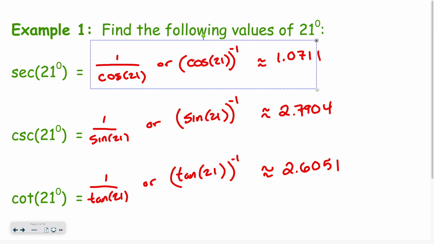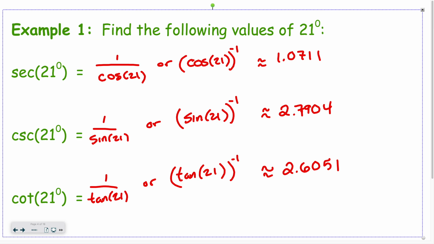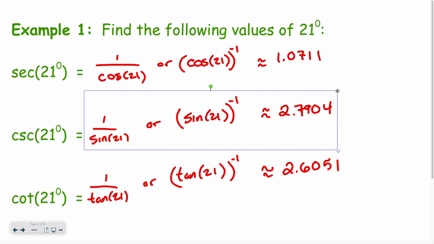Both of these are identical, and they should both produce 1.0711. That holds true for the cosecant and cotangent of 21. Just take the reciprocal of the sine of 21 degrees, or express it as sine 21 and then hit the reciprocal key, and you should get 2.7904. Same with the tangent function; you should get 2.6051.